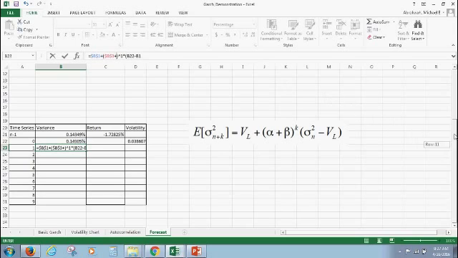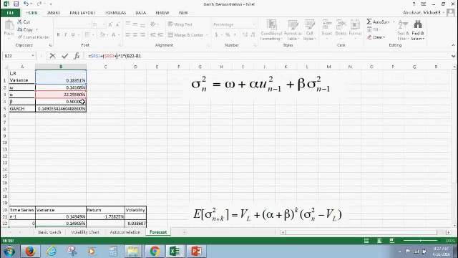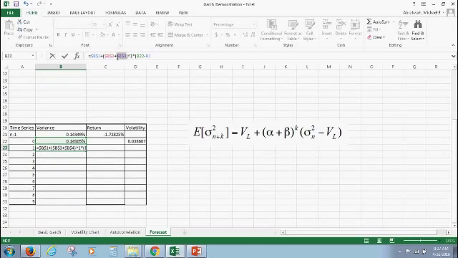That's fine. So I know that that's beta. And then again, minus the long-term variance. Again, I want this to be a reference cell. I'm hopeful that this should give the correct value, and it does.